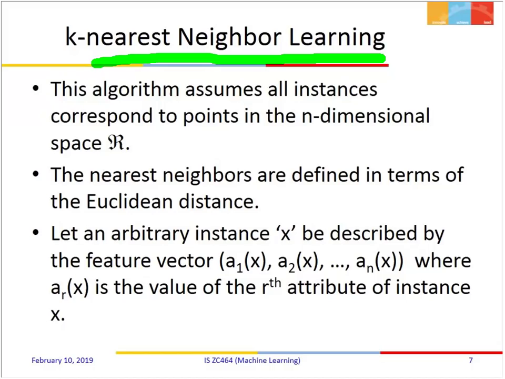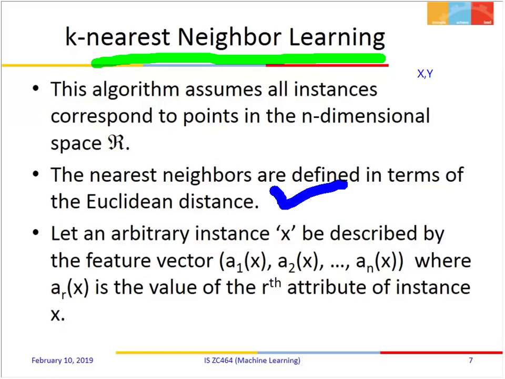Then the nearest neighbors in this classifier are defined in terms of the distance metric. I am taking here Euclidean distance. You can also take different other kinds of metrics like Manhattan distance, or several other metrics exist for computing the distance.